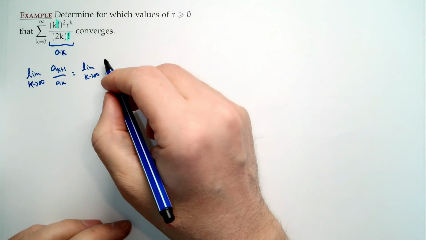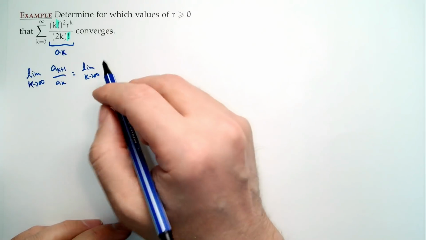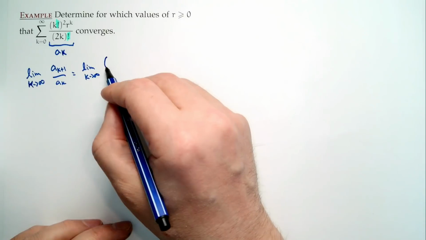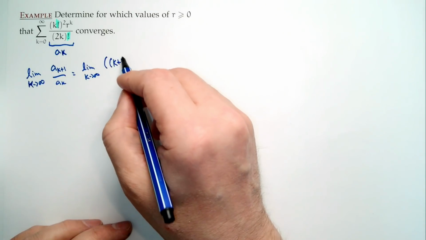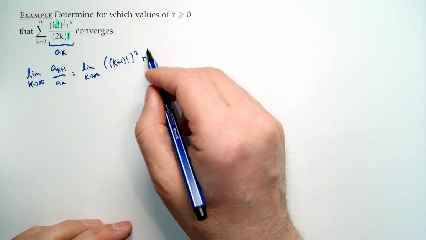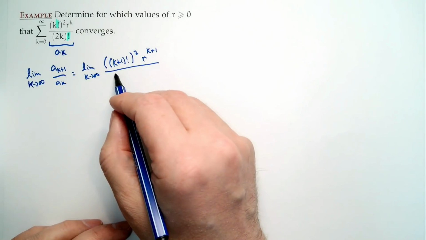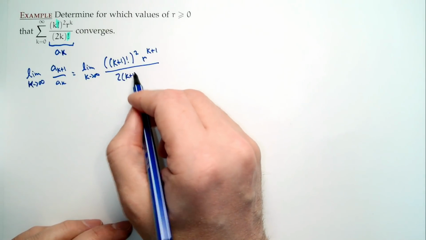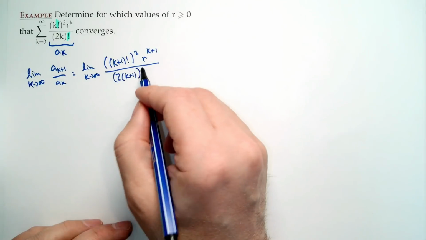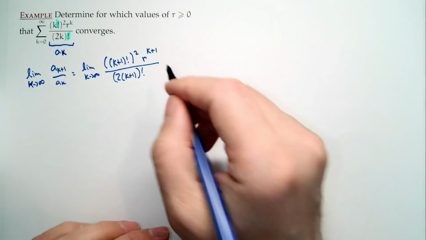So that's the time when it's good to be extra generous with your parentheses. So we're going to have k plus 1 factorial squared r to the power k plus 1, divide that by 2 times k plus 1 factorial. Okay, so everywhere we saw a k, we replaced it by k plus 1.